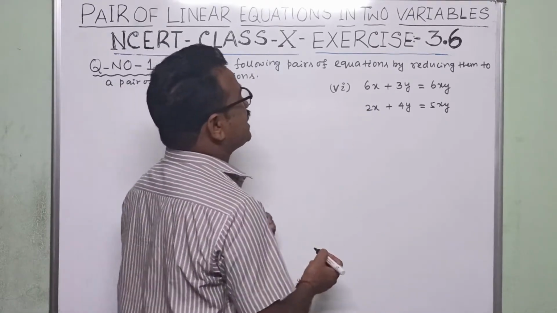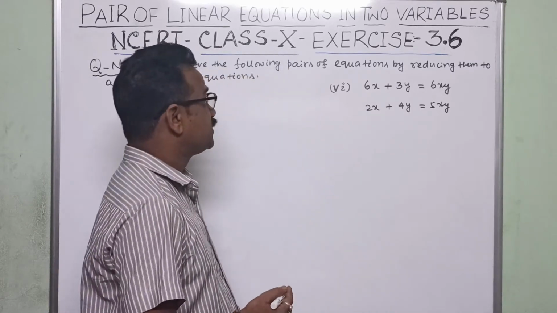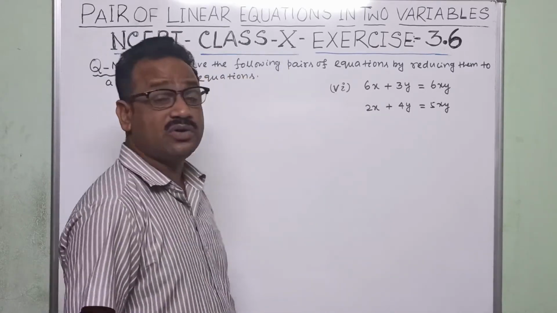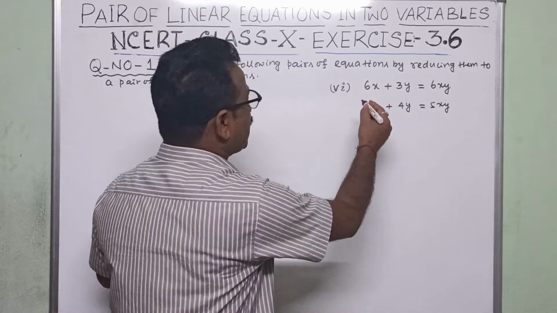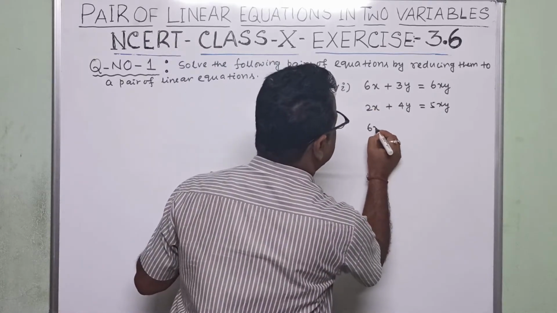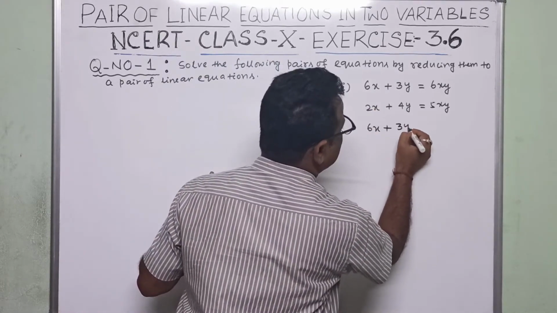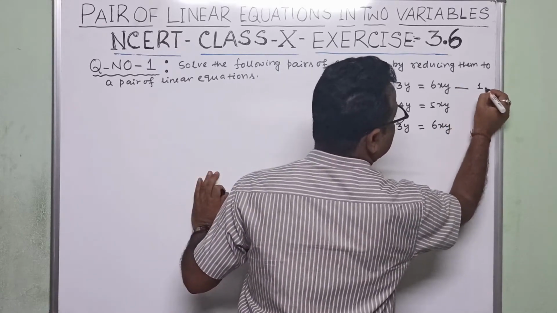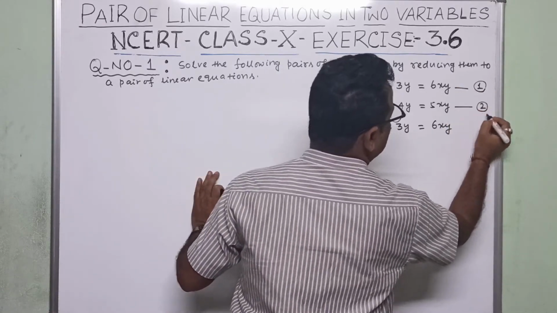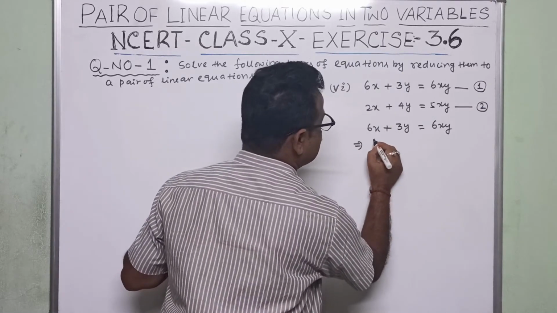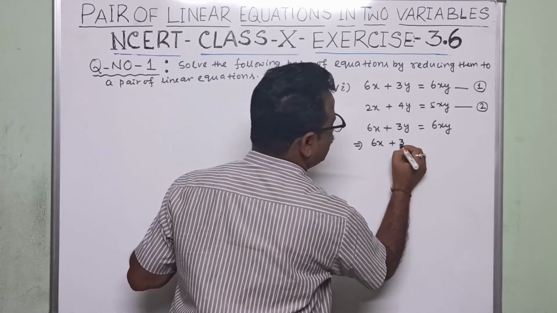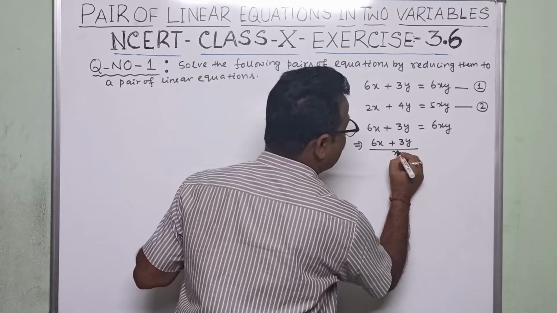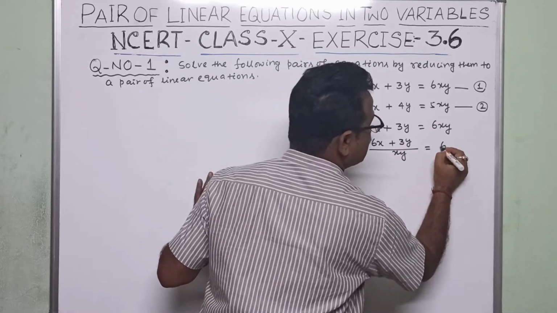So given 6x plus 3y is equal to 6xy, 2x plus 4y is equal to 5xy. So 6x plus 3y is equal to 6xy, this is your equation 1. This is your equation 2. So that implies 6x plus 3y by xy is equal to 6.